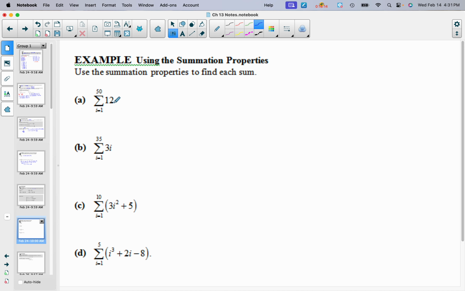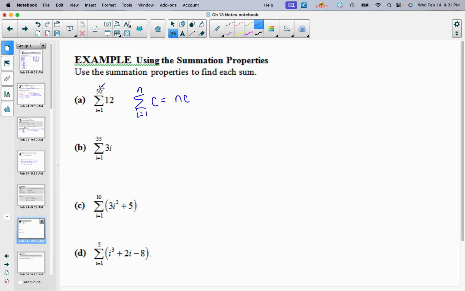So for this first one, the rule that I would be using, if you look at the very first one, summation properties part A, says that if you have the summation where i goes from 1 to n of a constant, it's just n times the constant.